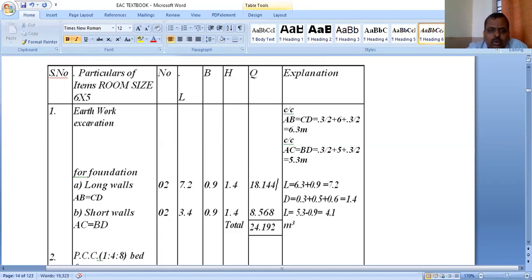Now what about the short wall? You have to again just replace the length here by 4.1. The width will be the same, 0.9, and the depth will be the same, 1.4.